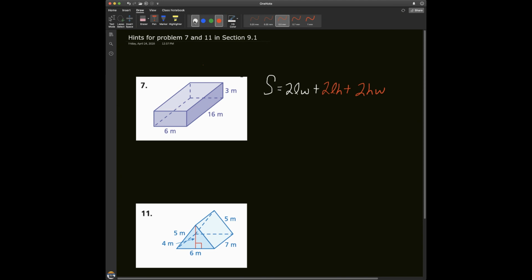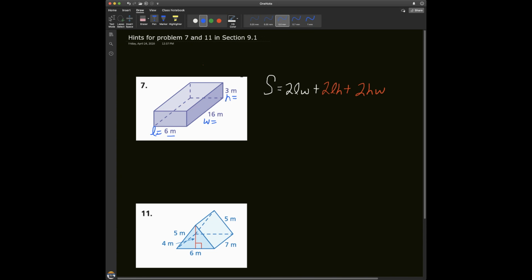All right. And also remember, I said it's a good idea to label these measurements. So I'm going to call this one 6 millimeters. That's going to be my length. The width will be 16 meters. And the height, we'll call that 3 meters.